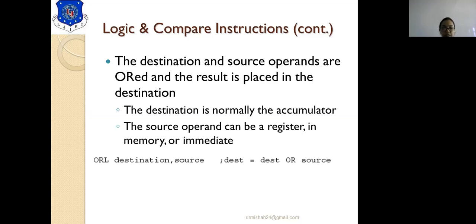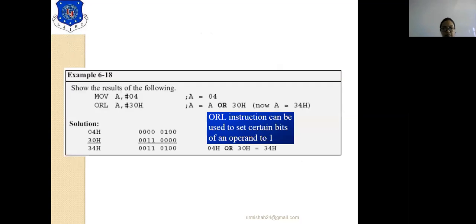So except for 0 plus 0, all the other combinations will give you 1. For the OR operation, the instruction used is ORL. Then you write the name of the destination operand, which is your accumulator, and then the source operand.